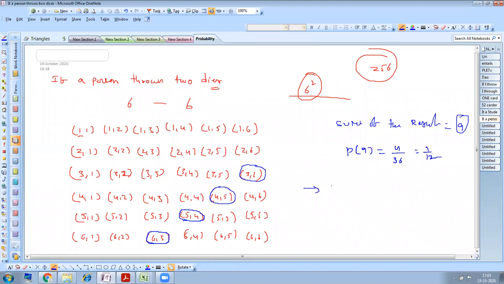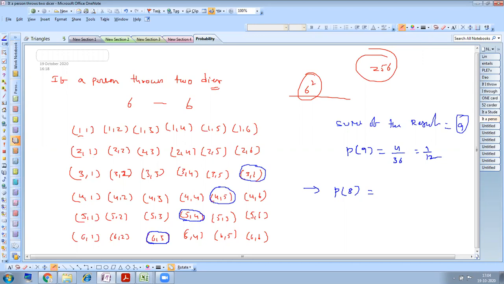What is the probability of getting the sum 8? With 1, is there any possibility? No, sir.